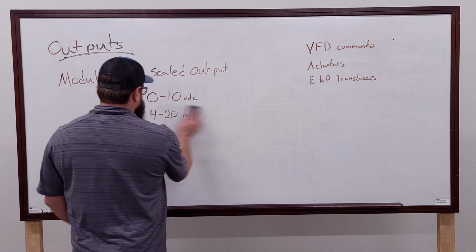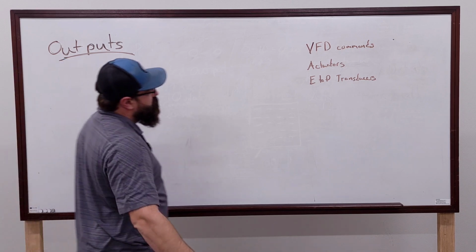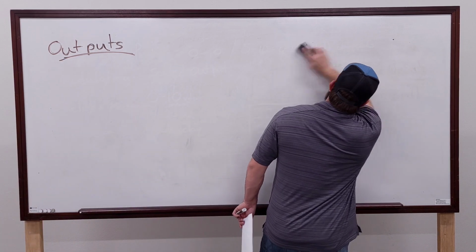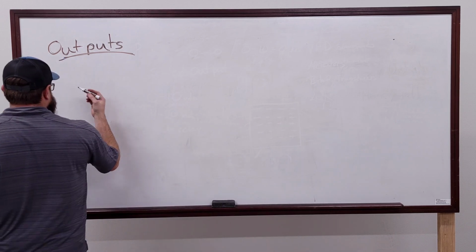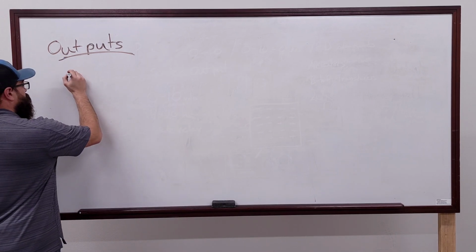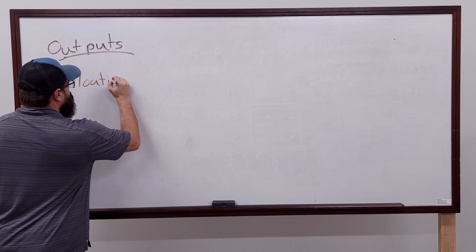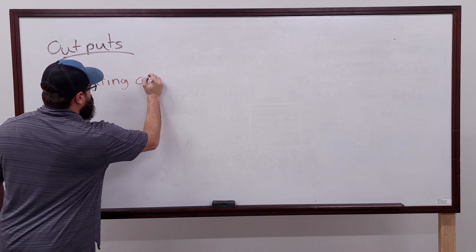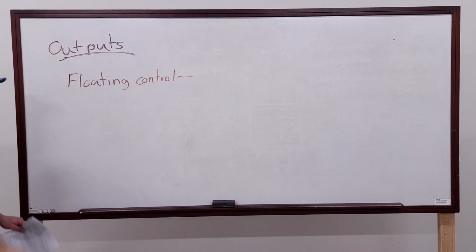So the weird one that really gives people fits is called, it's still a modulating output, but it's called floating control.